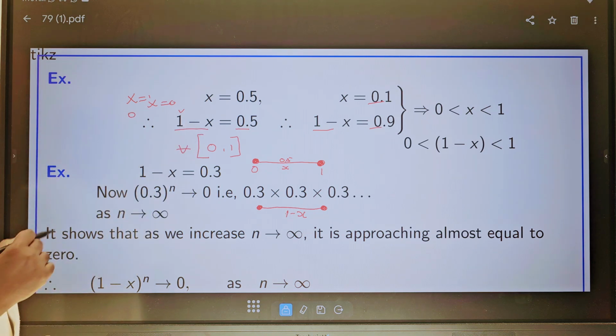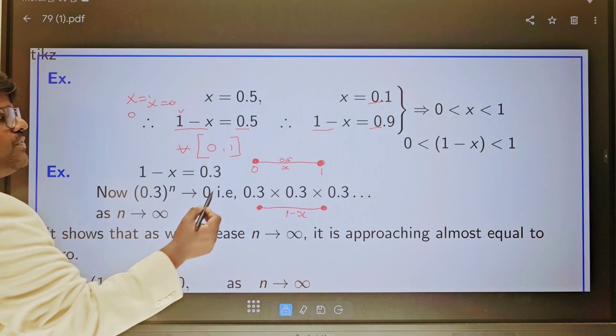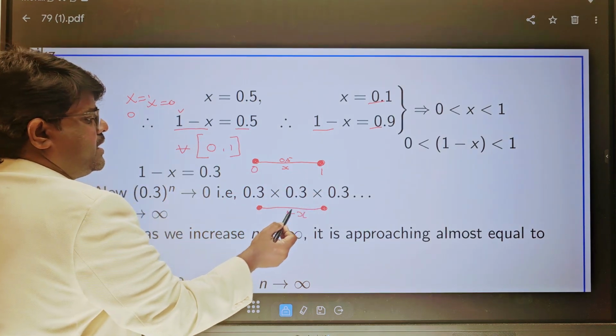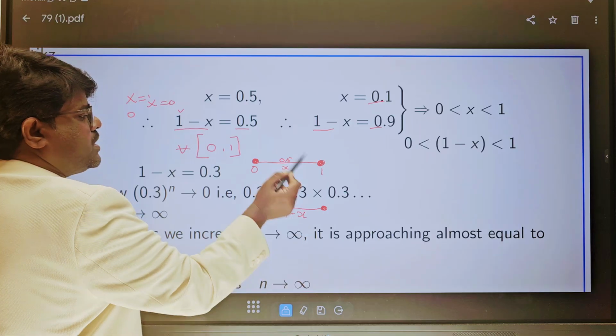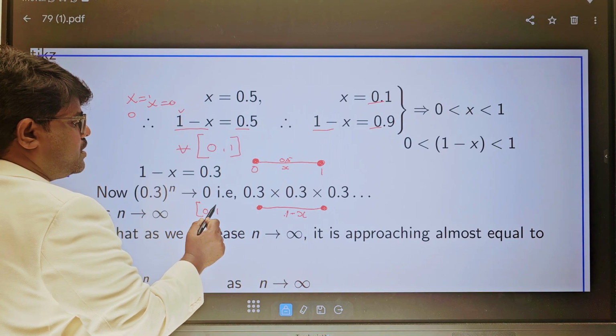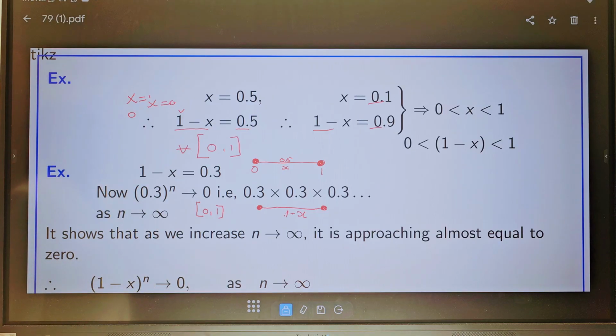This means that whatever value x takes in the closed interval 0, 1, the value of 1 minus x also lies in the closed interval 0, 1.